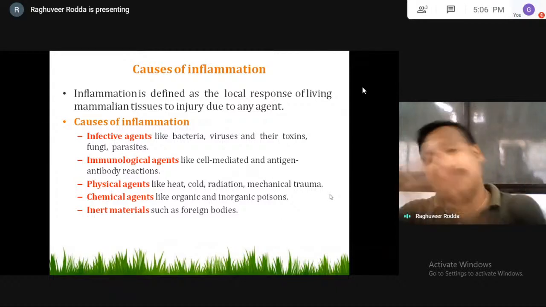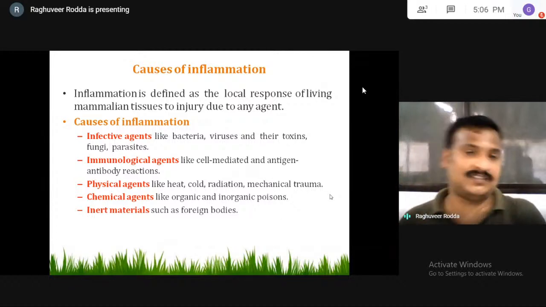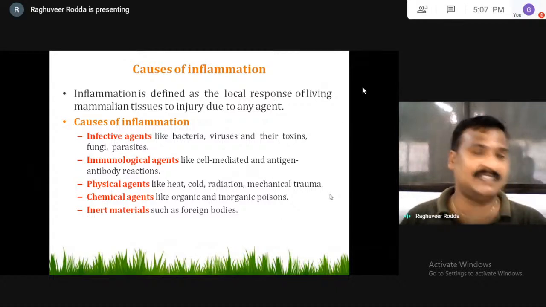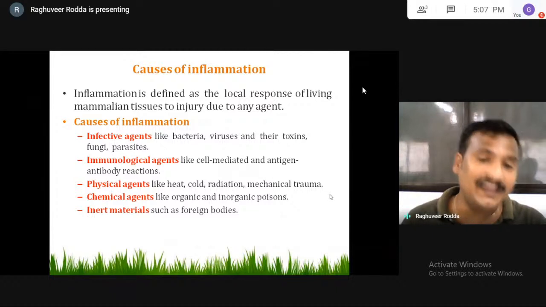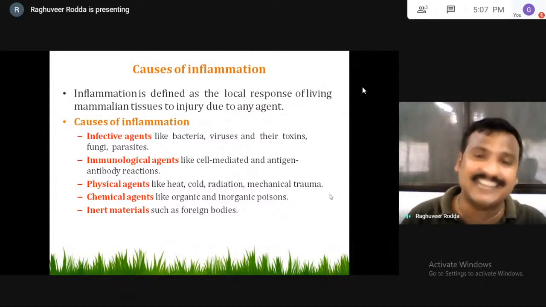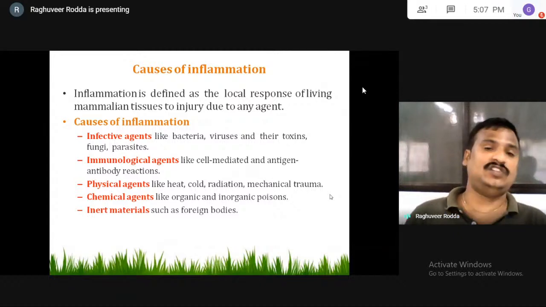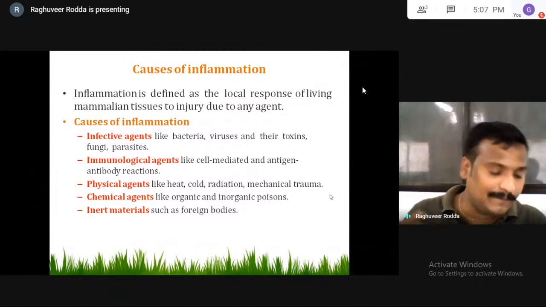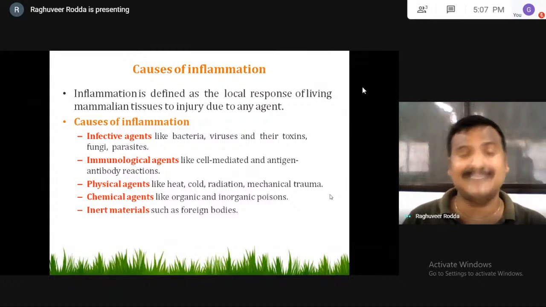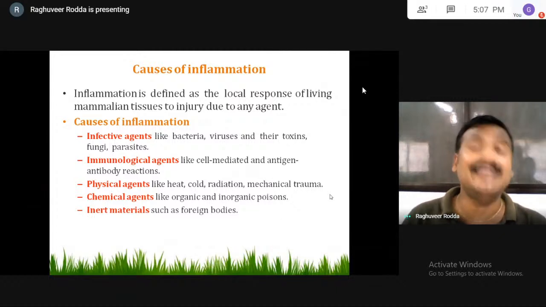To overcome and remove the stress, the cell follows certain defense mechanisms, the body's immune system response against an irritant or injurious agent. Such a process is called inflammation or inflammatory response.